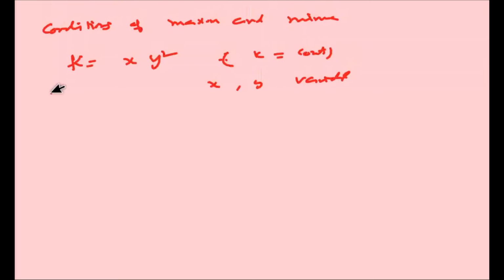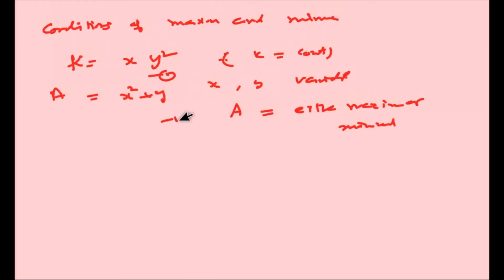Now you want to find a equal to x square plus y. You want to find either its maximum or minimum. This way you always have to find two equations.